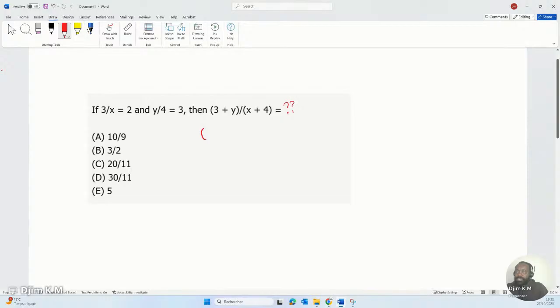So they want us to find the value of 3 plus y over x plus 4.